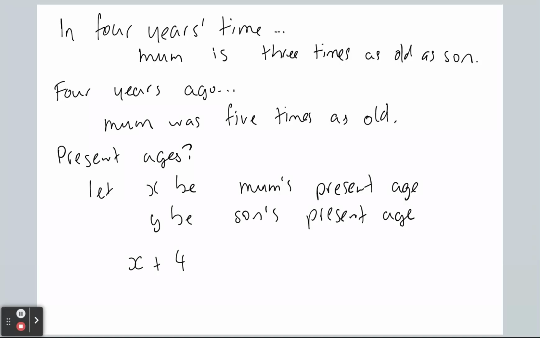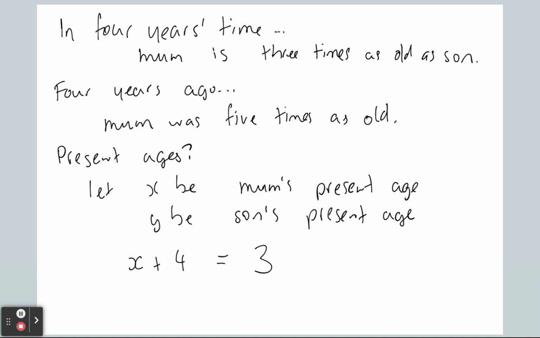It says here that mum is 3 times as old as her son. So that means that her son's age, when multiplied by 3, would give you mum's age. So X plus 4 must be the same as, and I encourage my students to see the equal sign as meaning the same as, 3 times the son's age.